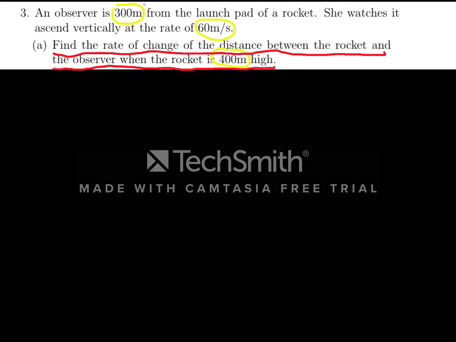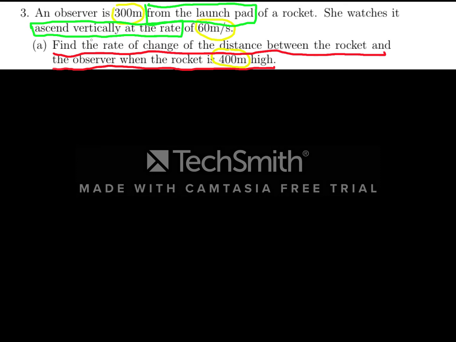So we've got "from the launch pad," which is a distance. That really is incorporating a mathematical idea. It's going to be, in our case, probably a variable. "She watches it ascend vertically at a rate." So this is a calculus expression. Rate is a derivative, and ascending means that it's a positive derivative.